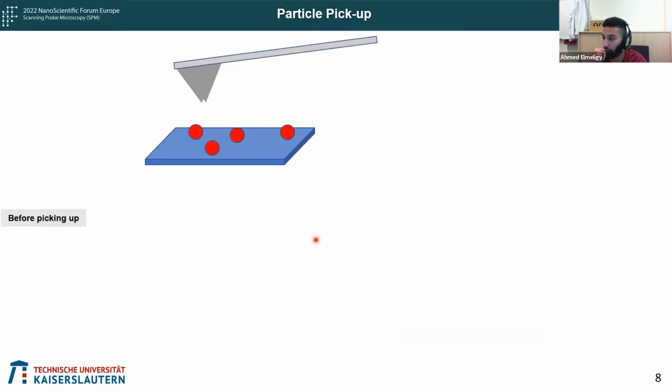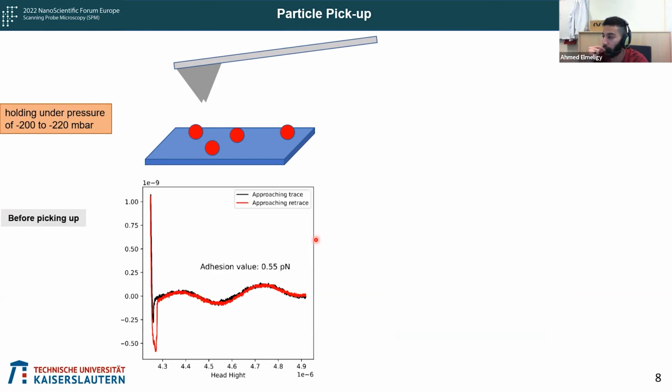After that, I would like to show you some results for the force microscopy after capturing these nanoparticles from the surface. But before that, I have to show how the cantilever behaves before capturing the particles. At first, we're applying holding negative pressure, in the range of 200 millibar to negative 220 millibar, and the force curves recorded while I'm trying to approach the particles start to show some adhesion values in the picometer range.